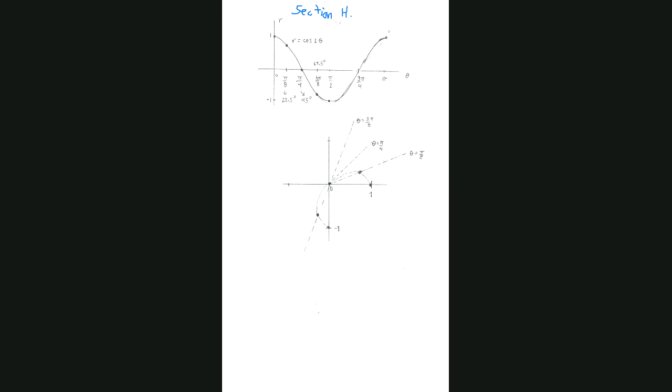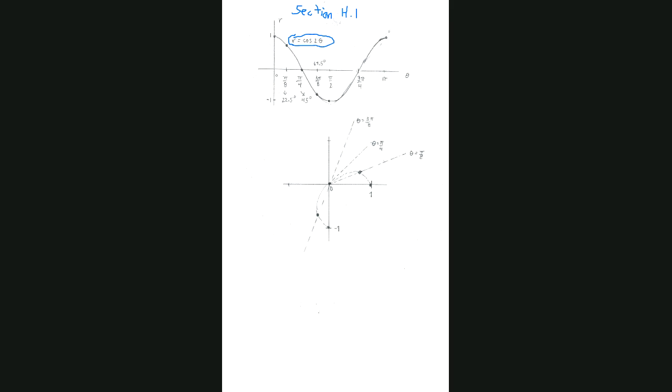And what I was mentioning is yesterday I showed you how you could take a polar function, for instance r equals cosine of 2 theta, and put it in your TI-83, 84 calculator in polar mode, making sure that your calculator is in radians, not degrees.